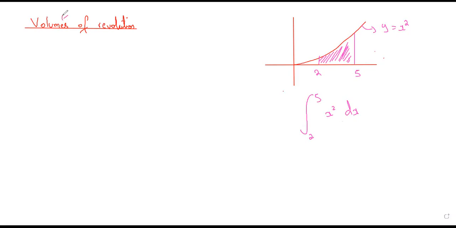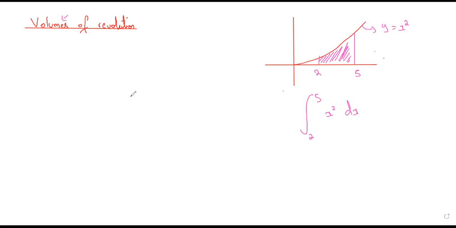The topic is volumes. If I talk about any 2D shape, square, triangle, trapezium, circle, all these give me area only. If I talk about 3D shapes, in that case I can talk about volume.